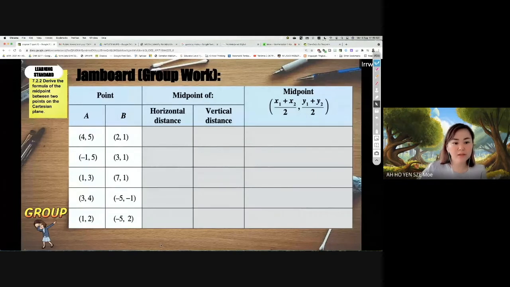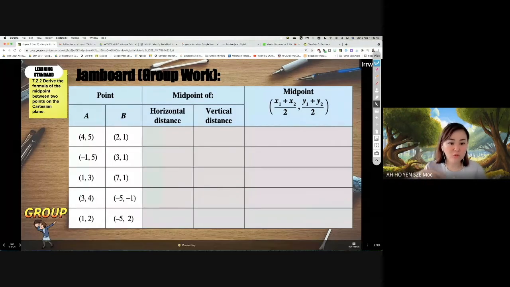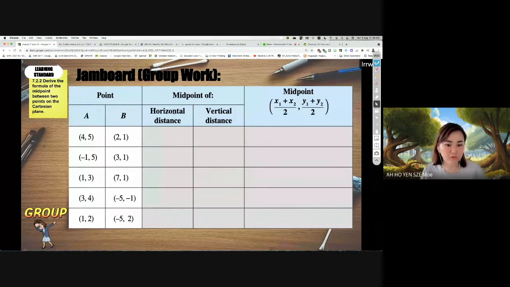So this one, I will share the Jamboard later. Everyone go into your group. I already shared one Jamboard, group 1 in frame 1, group 2 in frame 2, and so on as usual. So for the first column, you need to find the horizontal distance. The distance means that you have to use x2 minus x1 or y2 minus y1. Which one for horizontal distance?